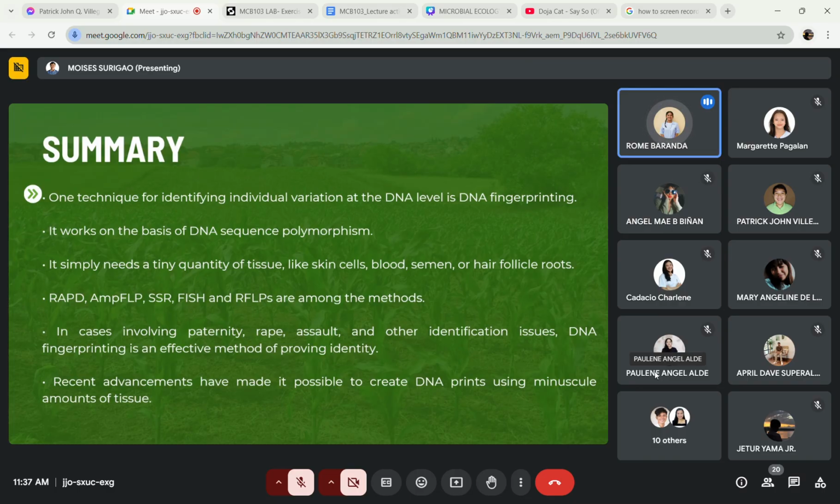It simply needs a tiny quantity of tissue like skin cells, blood, semen, or hair follicle roots to continue the process.